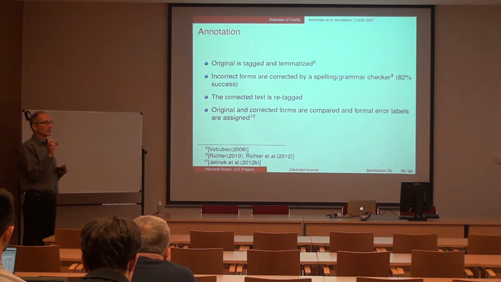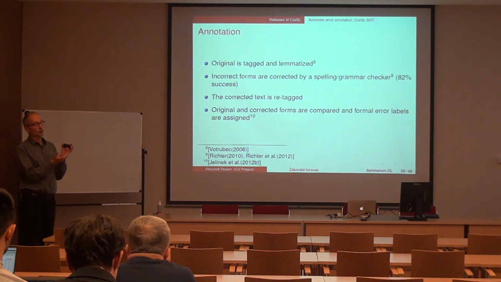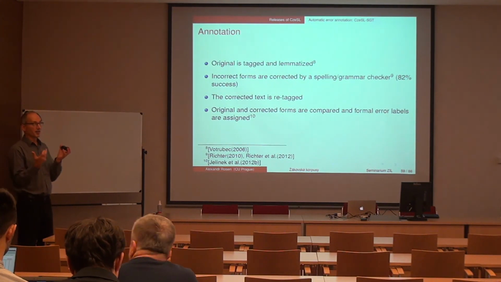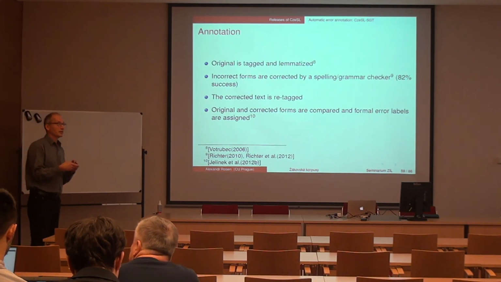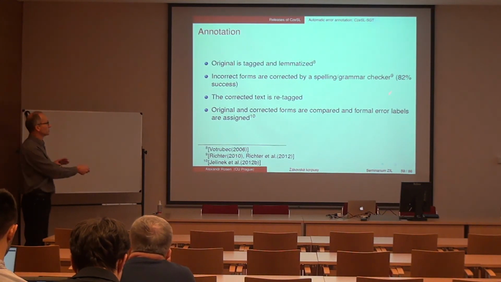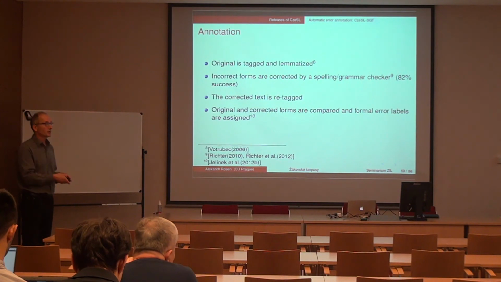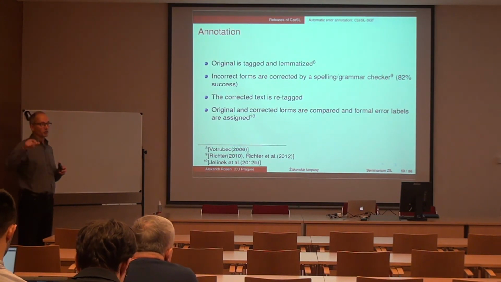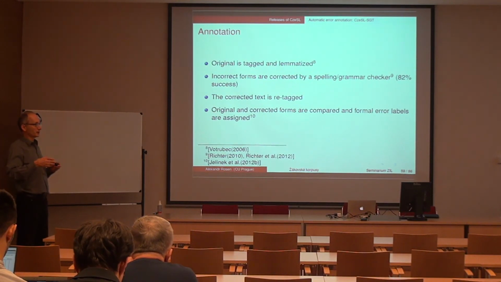We apply a tool that tries to correct the text, and it's a stochastic tool, and it works with this type of success if you count only the faulty forms. And faulty forms are just, in this case, just non-words.